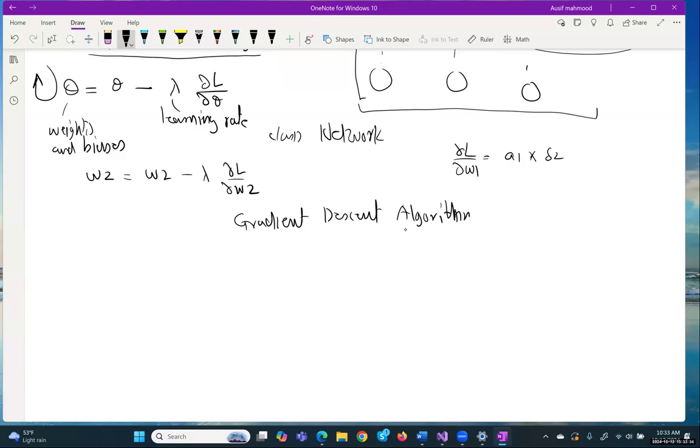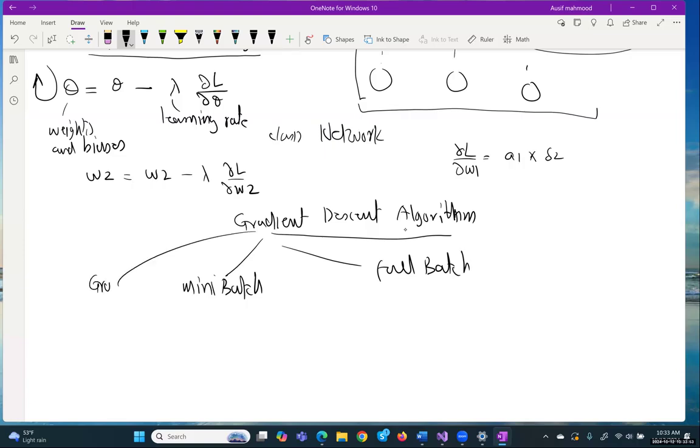One of them is the regular gradient descent algorithm, one is the mini batch, and one is the full batch. What's the difference between all of these?